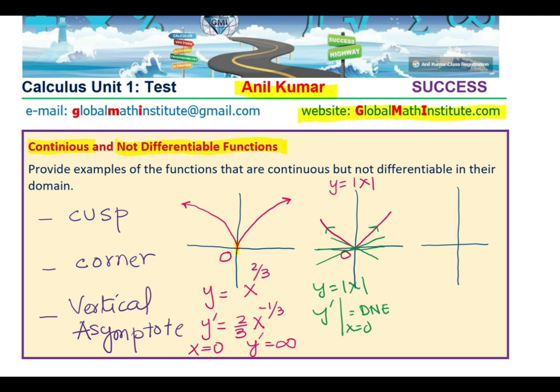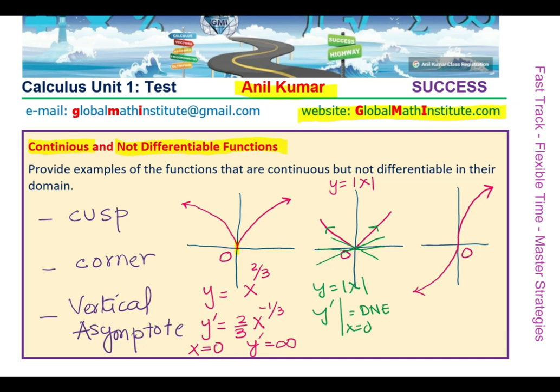The third function is where you have a vertical asymptote. The graph of the function could be something like this. You see that vertical asymptote at the origin? Now, in all three examples, I have taken basic functions where we are considering differentiability at the origin itself. These could be translated left or right, so you could have any other point also.